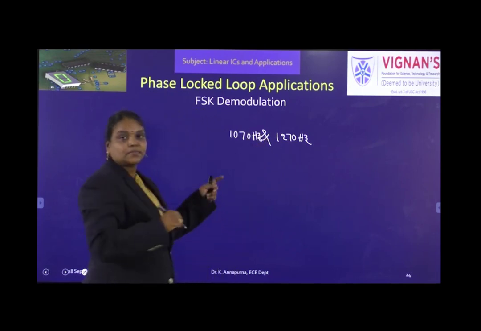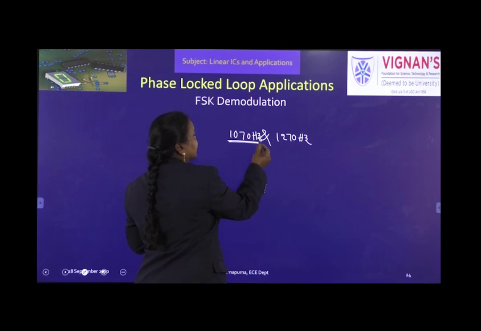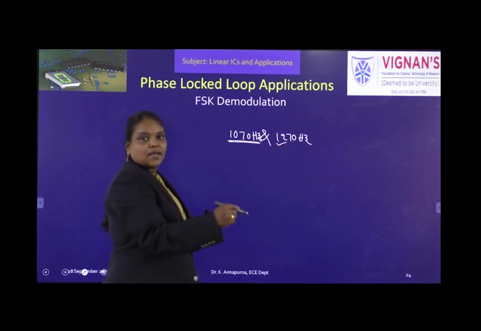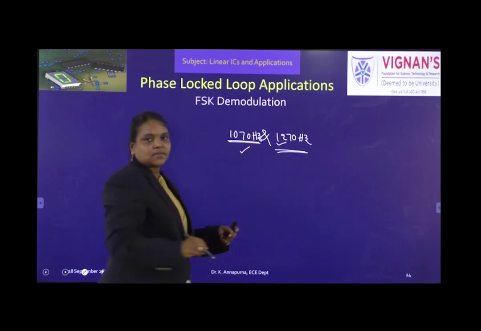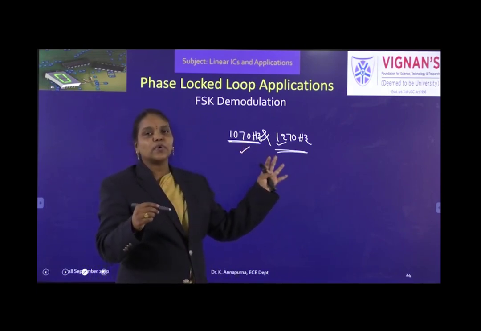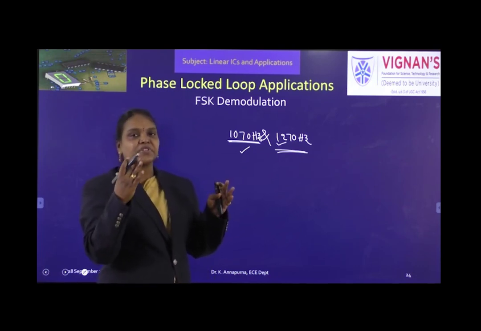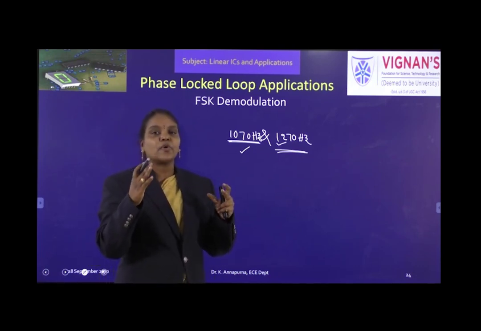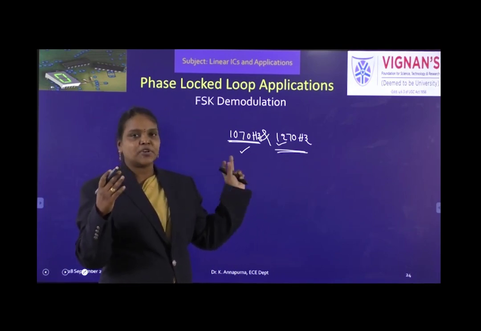Suppose the PLL is locked at 1070 Hz, it is able to track this. If it is locked at 1270, it will track this. Like that it is able to track all incoming signal frequencies and provide the perfect carrier required for FSK demodulation.